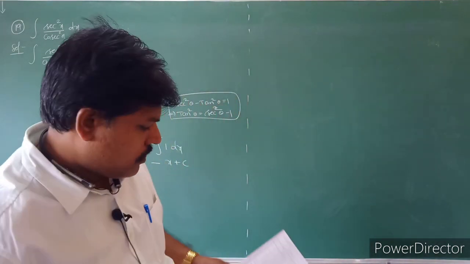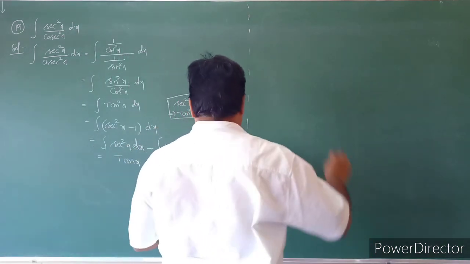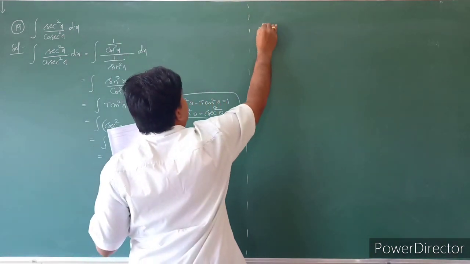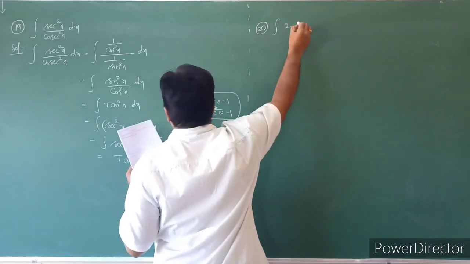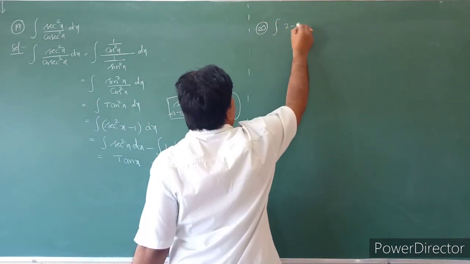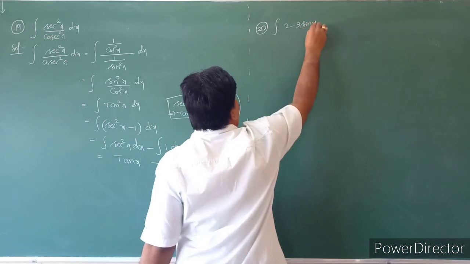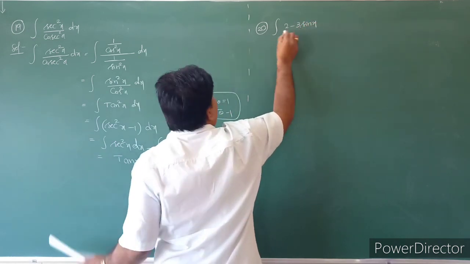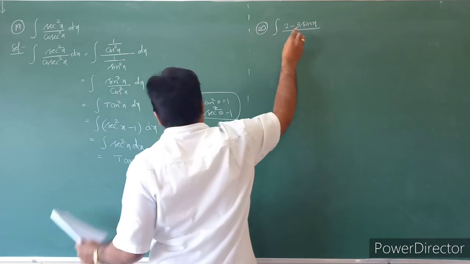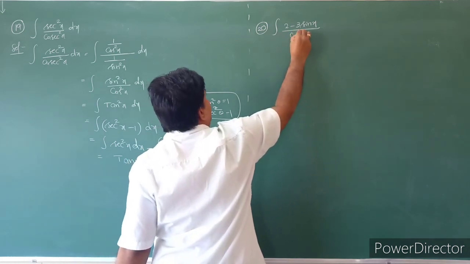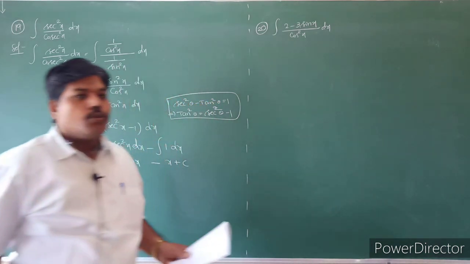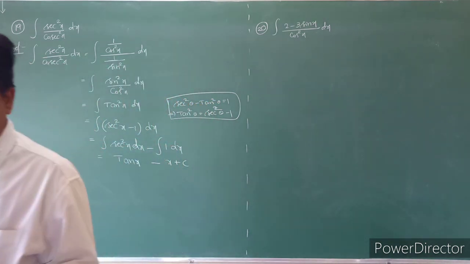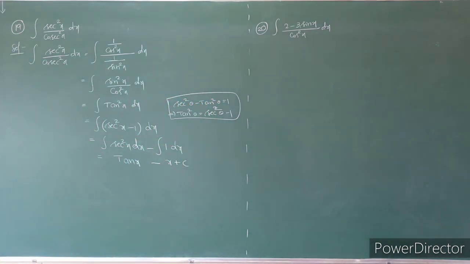Okay students, see the question number 20. Integral of 2 minus 3 sin x by cos square x into dx. 2 minus 3 sin x by cos square x into dx.